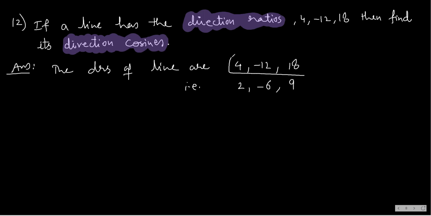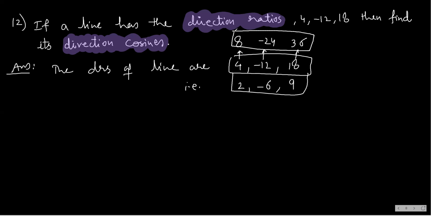Though they seem to be different sets of numbers, they mean the same direction ratios. Remember, they mean the same direction ratio. As a matter of fact, if I multiply these three numbers by 2, and suppose I get 8, minus 24, and 36, even these three numbers mean the same direction. All proportional sets of three numbers will mean the same direction ratio.